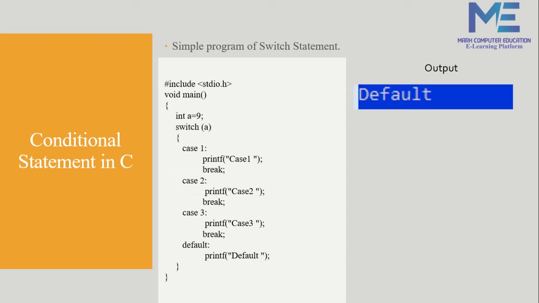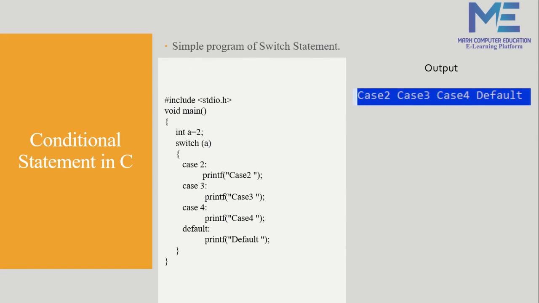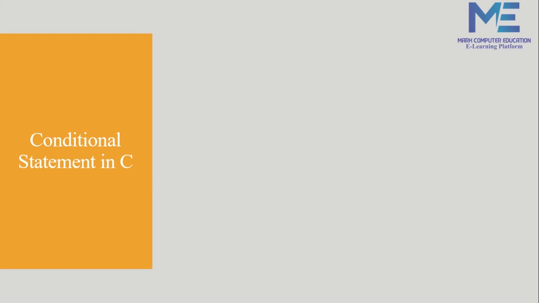But if you do not write break, then what happens? If you are not writing break, then it will execute all cases. As you can see here, my first case is matched with my value, so it has executed case 2, case 3, case 4 and default, all. Now let's see the working of the switch statement.